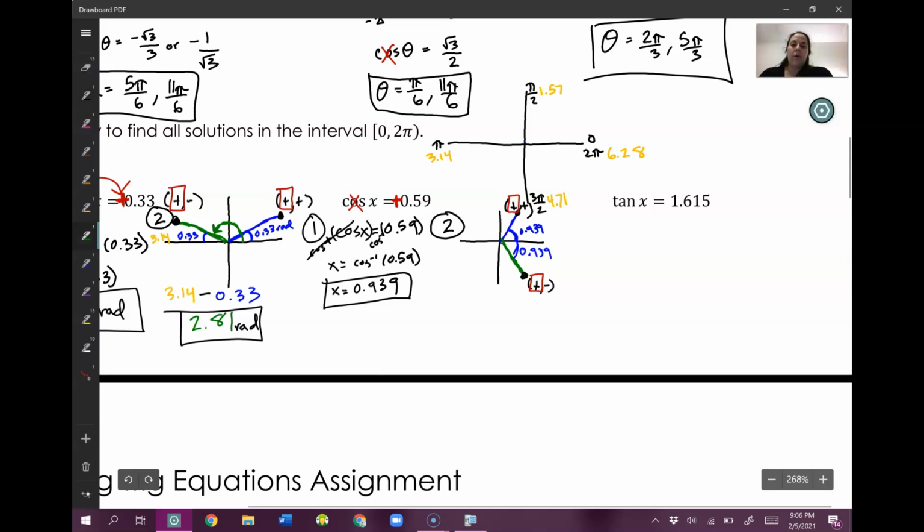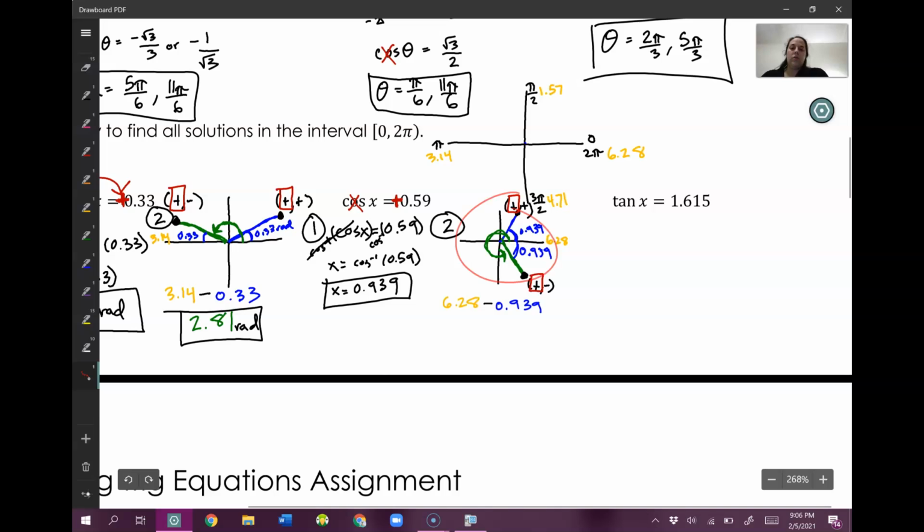But now I want to find this distance right there. Well, I know the whole circle is 6.28. So I can do 6.28 minus my blue part, 0.939.